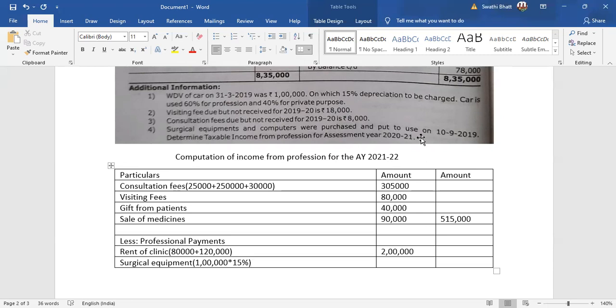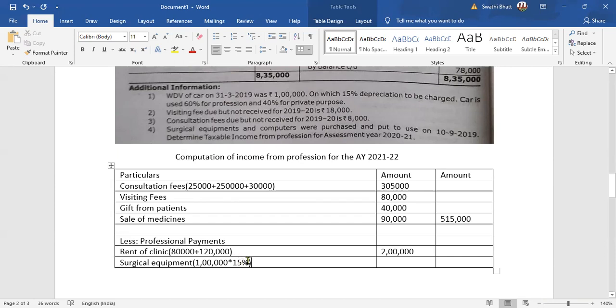The rate of depreciation is 15%. It may or may not be mentioned to you in the question. So on surgical equipment, please remember the rate of depreciation which is applicable is 15%. Since you're using the asset for more than 180 days, the entire 15% can be claimed as depreciation. Let's say you have used the asset only for less than 180 days.